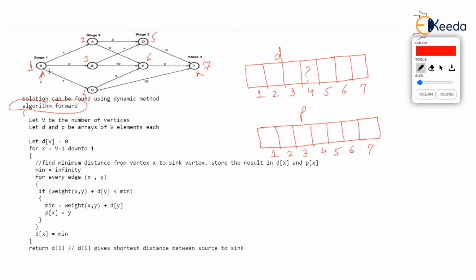Coming back to our discussion, what is D4 going to store? Just check the fourth element of D. The fourth element of D is going to store the shortest distance from the fourth vertex. Here I am encircling that fourth vertex in our example. C is that fourth vertex. What is the shortest distance from this fourth vertex to the destination vertex, vertex T?